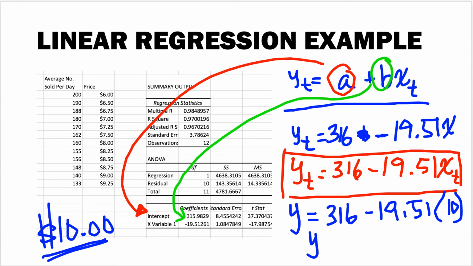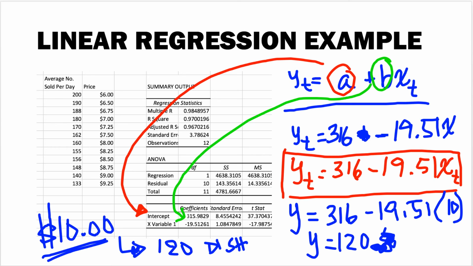So y equals 120.9. You can't sell a 0.9 lobster, so our answer is 120. At $10, we are forecasting to sell 120 lobster dishes. Now let's look at analyzing how good of a model we actually created.